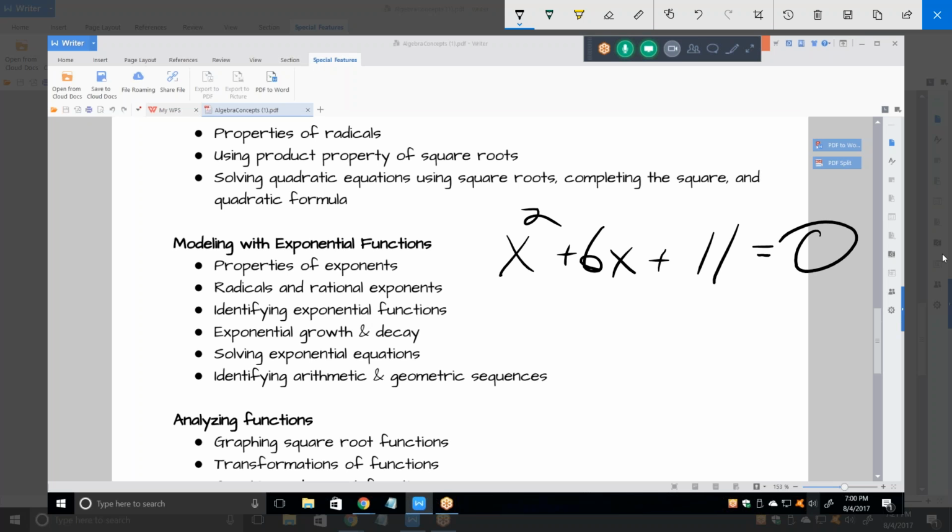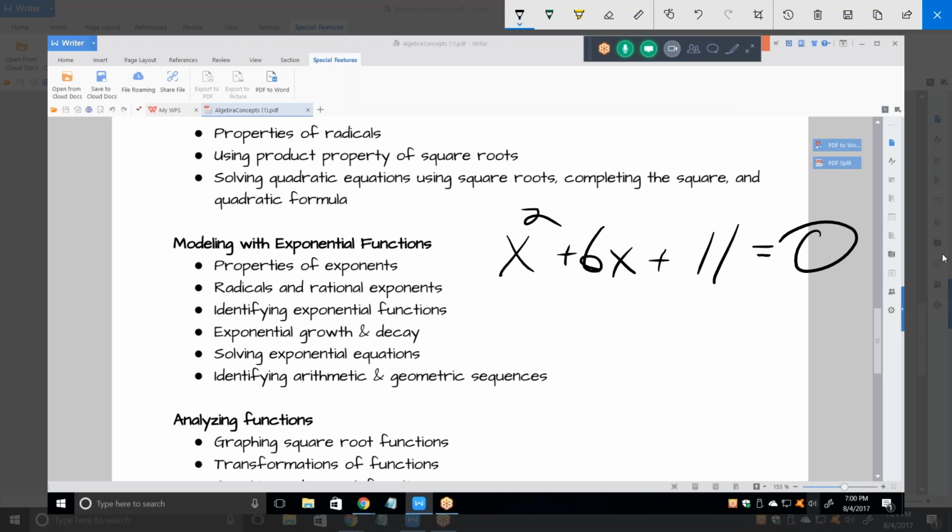There is a quadratic equation in standard format. Notice why it's in standard format. Everything's on the left side, zero's on the right side. All your x terms are on the left side, even your constant is on the left side.